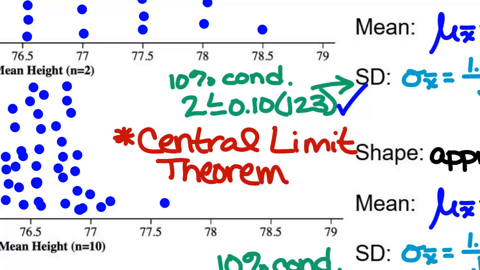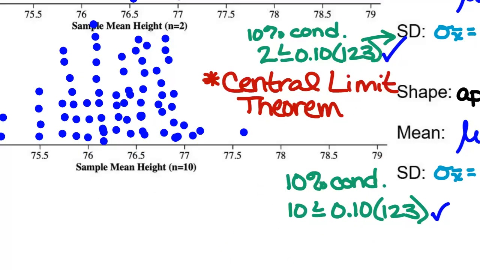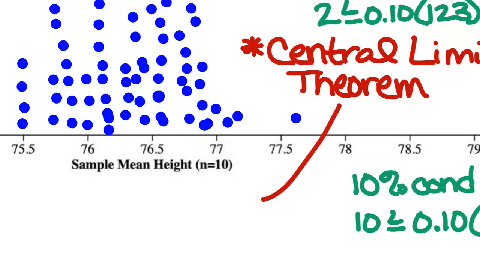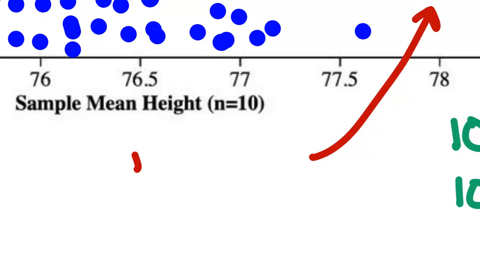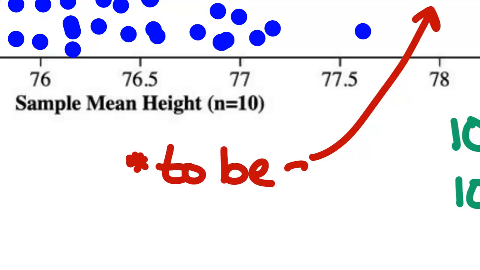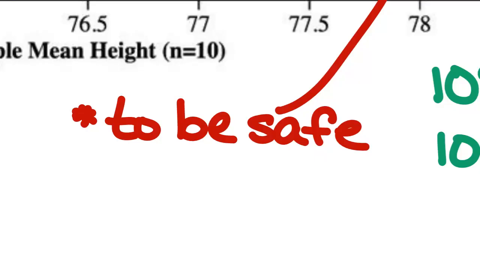I didn't make you guys do this, but to be on the safe side, what we check for with our central limit theorem is that we want an n value of 30 or bigger. If I'd had you guys do samples of size 30, we'd have been here all day just adding those numbers together and dividing.